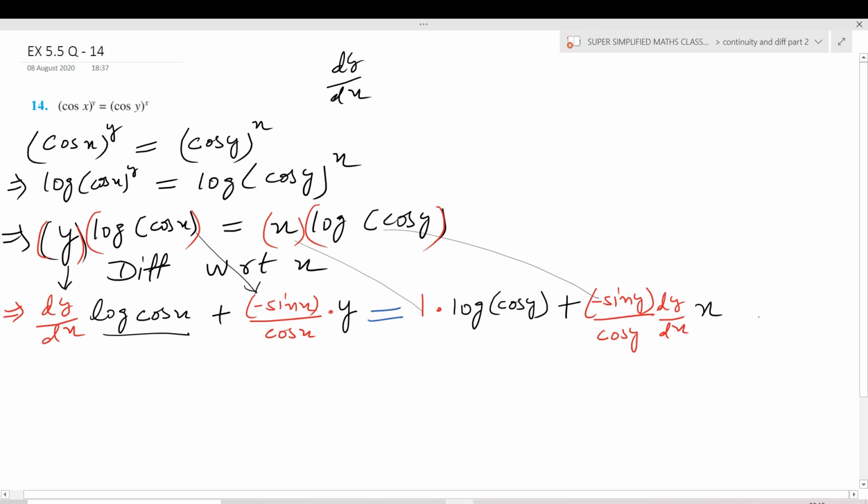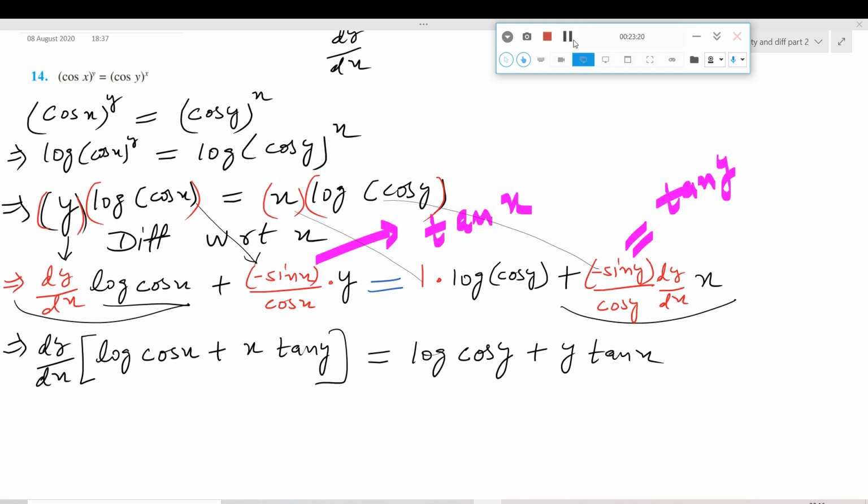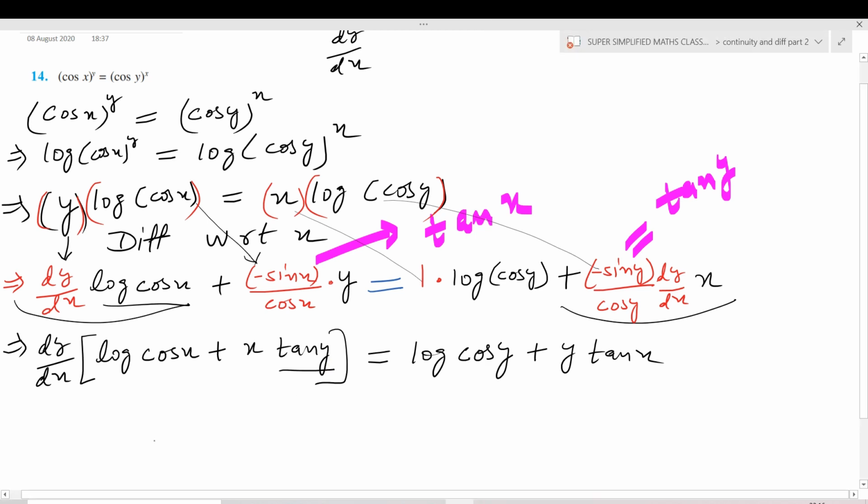Now again, as we have done in all the questions, we shall be segregating the terms with dy/dx. That is the first one and the last one. So I have written the first one and the last one on the left hand side, and in the last term sin y by cos y has become tan y, as you can see.